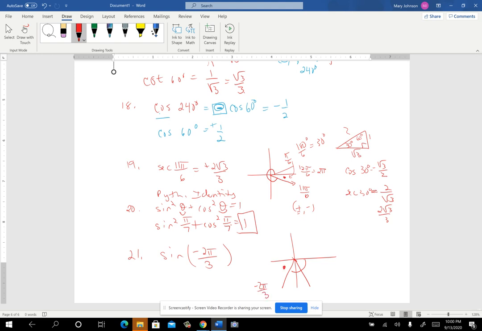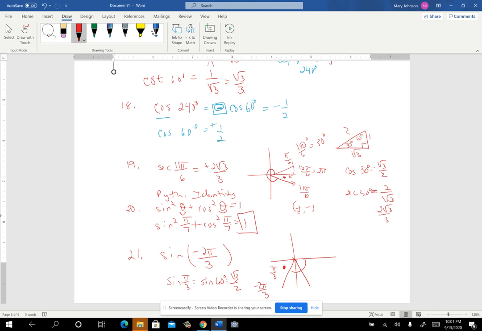See how you're pi over 3 away from the x-axis? That's your reference angle. So the sine of pi over 3, if I'm thinking about 30-60-90 triangles, it helps to get it into degrees, would be the same as sine of 60 degrees. And the sine of 60 degrees would be square root of 3 over 2.